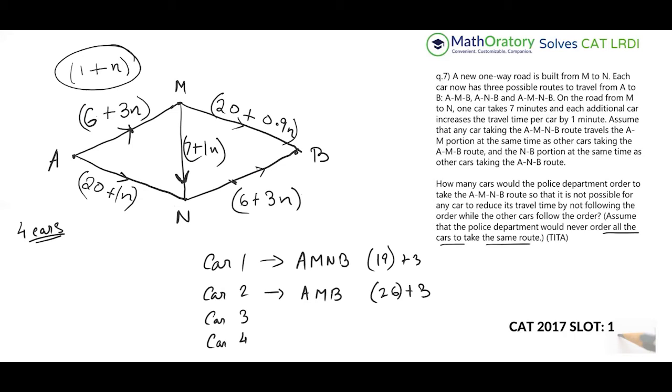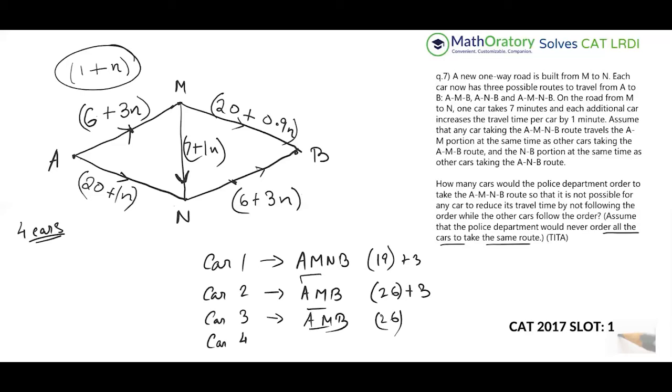Okay, let's get to the next car. So car 3. Now car 3 obviously should not take AMB, because if car 3 takes AMB again, there will be too much increase, because AM will now have 3 cars. I think you can visualize this mentally. If not, just let me point this out. So the base value is 26.